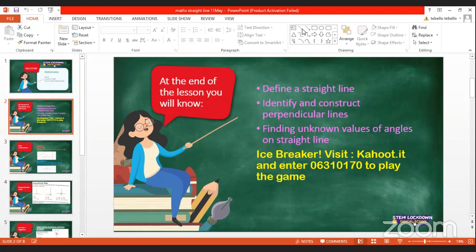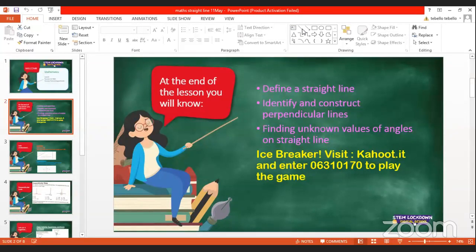Our answer is false. Perpendicular lines can form a lot of right angles. They can form 1 angle, 2 angles, 4 angles, right? They don't only form 2 right angles.